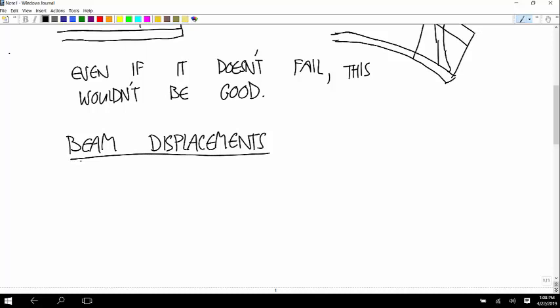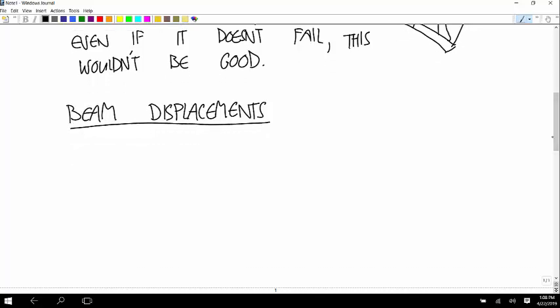Now we're not talking about something breaking at a single point. We're talking about the overall body being not useful just because of the shape the thing takes. And by a beam displacement, here's what I mean.